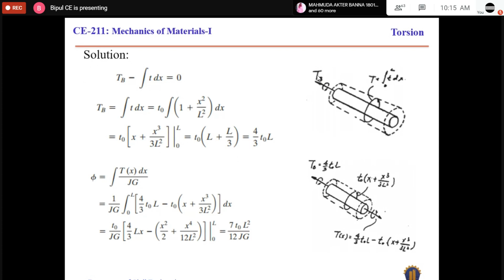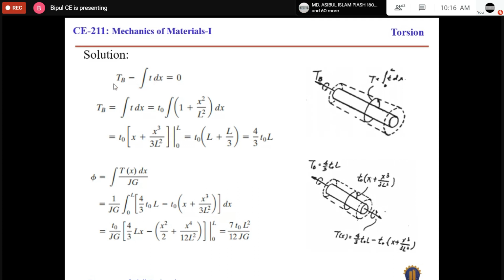TB is the torque developed at the support, or the reaction at the support, and if we consider a small segment of length dx, the total torque in the segment dx will be T dx, and if we integrate over the length, then you will get the total applied torque.